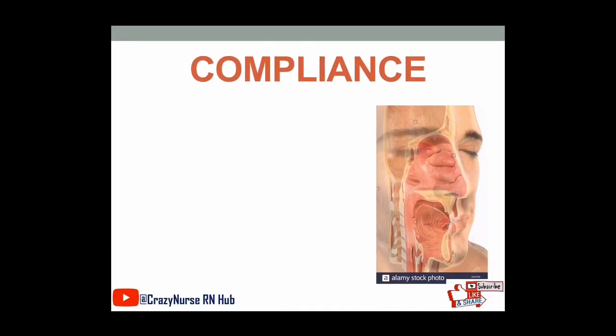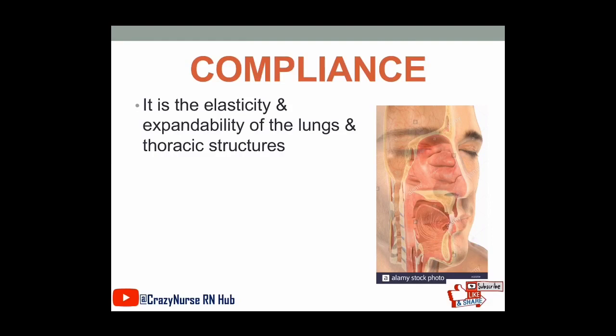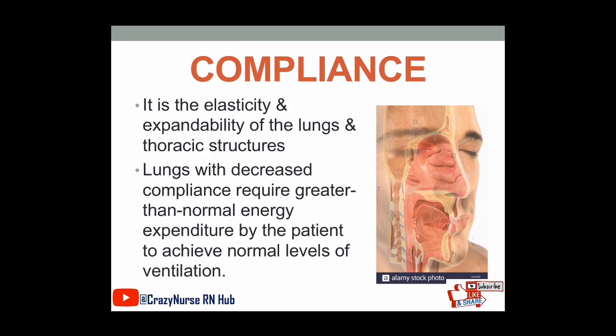We also have here compliance. It is the elasticity and expandability of the lungs and thoracic structures. Lungs with decreased compliance require greater than normal energy expenditure by the patient to achieve normal levels of ventilation. So if the patient has decreased elasticity and expandability of the lungs as well as the thoracic structures, it would not guarantee a sufficient amount of oxygen going to the different parts of the body.